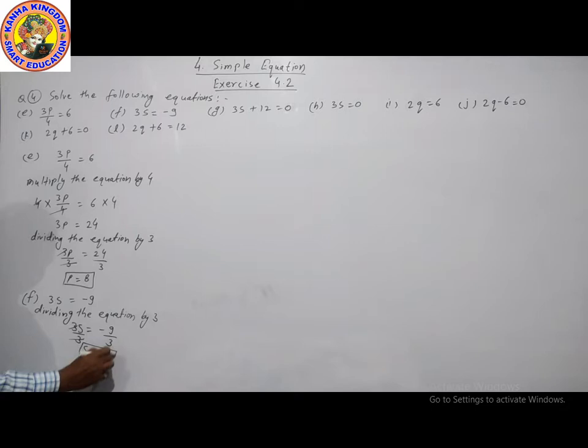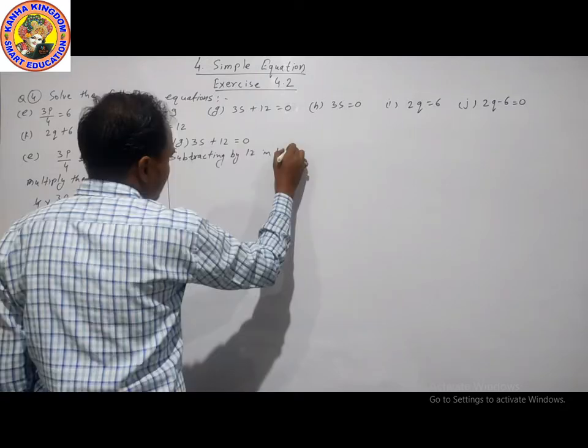In this there are multiply by 3 and plus 12. First of all we will attend plus and minus. So here is plus 12, so we will subtract 12. Subtracting 12 on both sides.